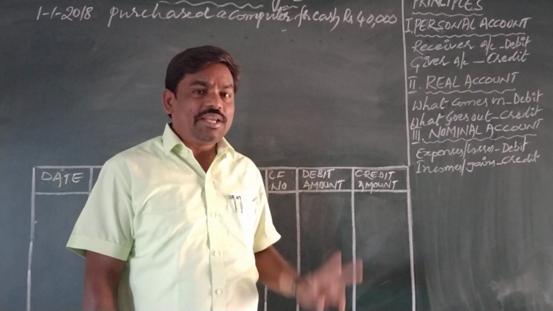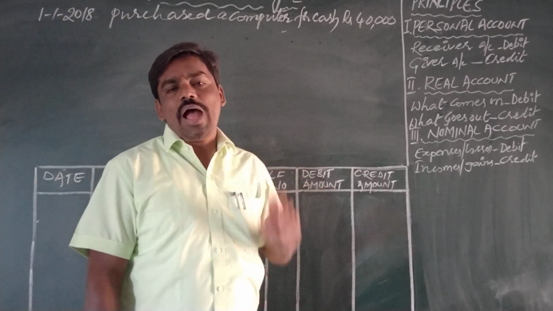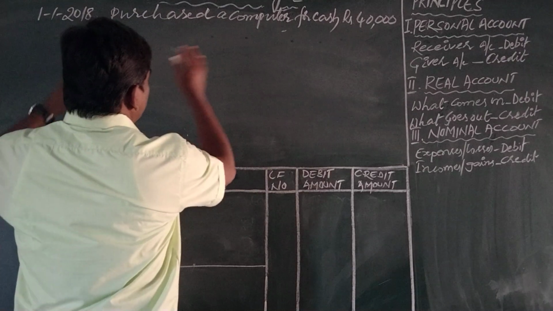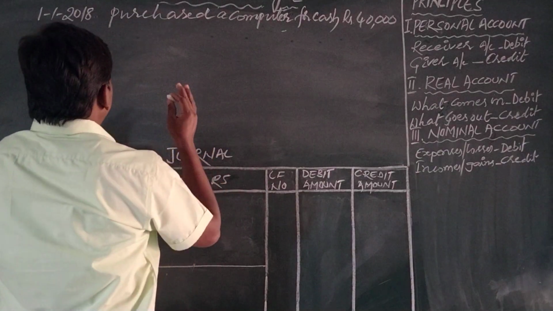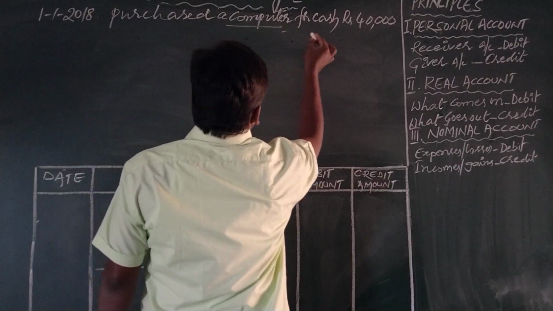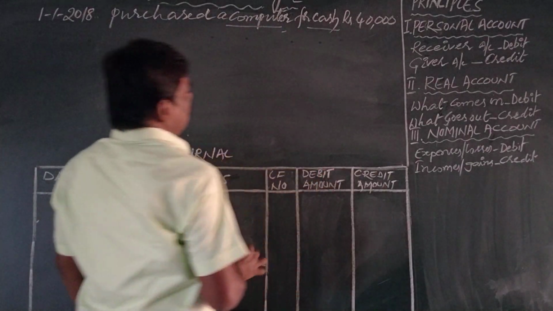So we need to identify those two aspects. If you observe the transaction, you will find two things: one is computer, another is cash.